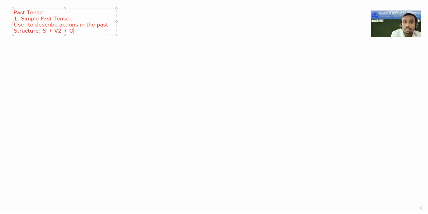Then there is the remaining part of the sentence. It can be an object, but it is not always an object. Sometimes there may not be an object. For our understanding, every time we are taking an object, but you should not take it for granted that there is always an object. In sentences there may or may not be an object.